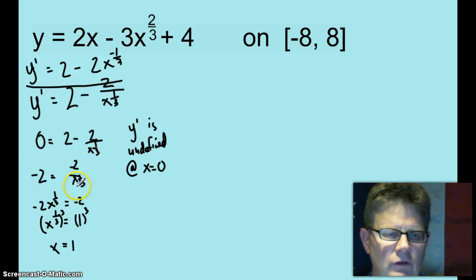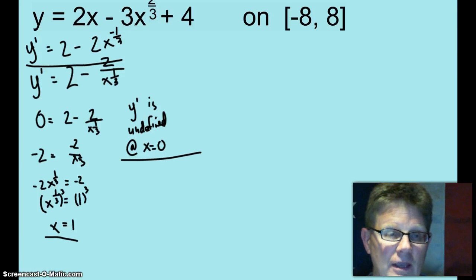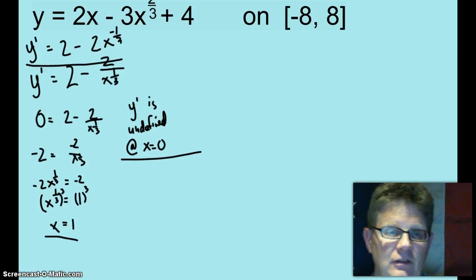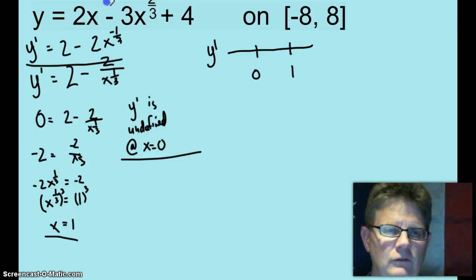I set that equal to 0 and solved and found x equals 1. I also noticed that y prime was undefined when x equals 0. So now I'm going to use my first derivative test to find my relative mins and relative maxes. So I'm going to let you pause it after we get this set up, and you go ahead and find our relative mins and relative maxes.